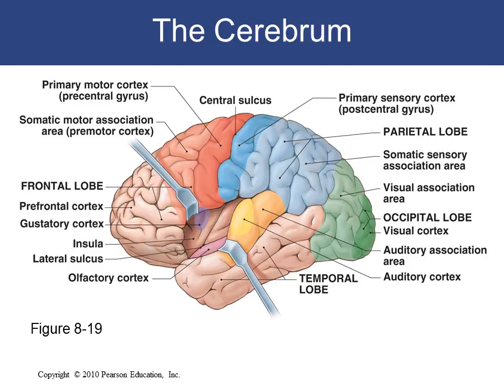We have the parietal lobe, which is sky blue. We have the central sulcus, which is a line that demarcates the parietal from the frontal lobe, and the frontal lobe is at this region, the anteriorly projecting part. We have the temporal lobe too. You can see the occipital lobe, and some of the cortex are seen there.